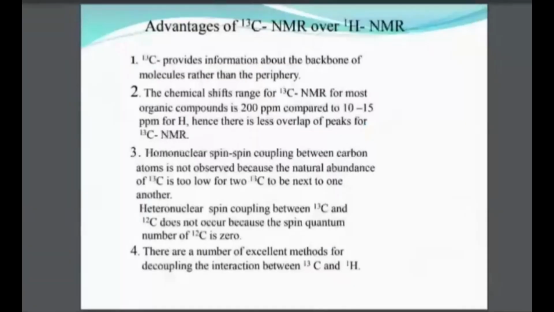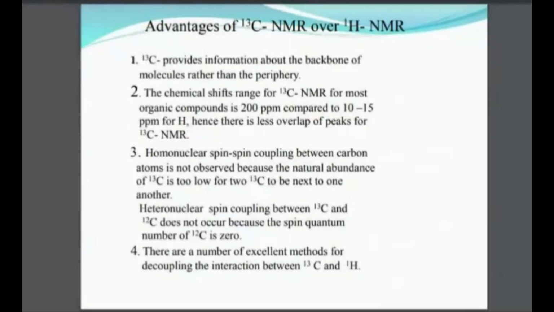Very good, excellent. Spin-spin coupling between carbon atoms is not observed because the natural abundance of C13 is too low for two C13 to be next to one another. See, why did spin-spin coupling happen in H1 NMR?